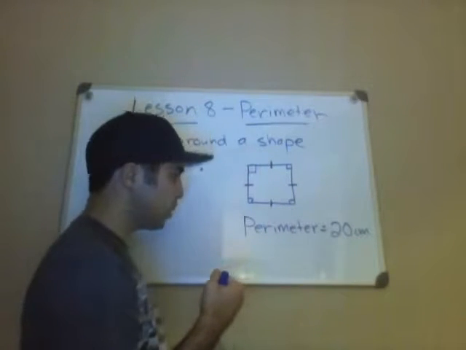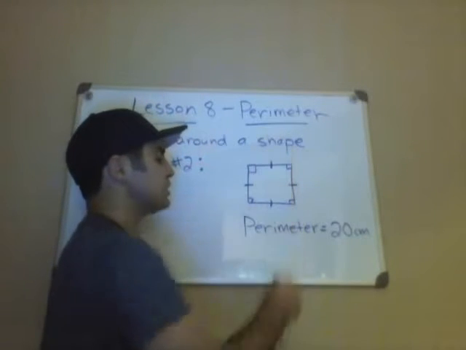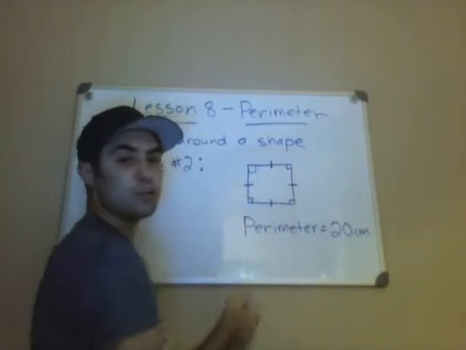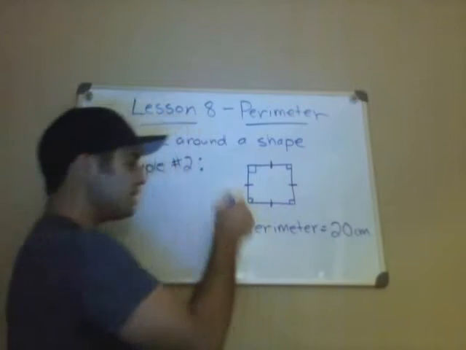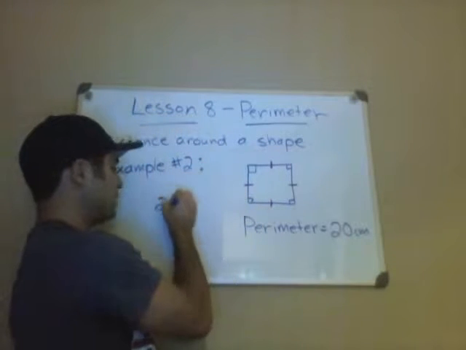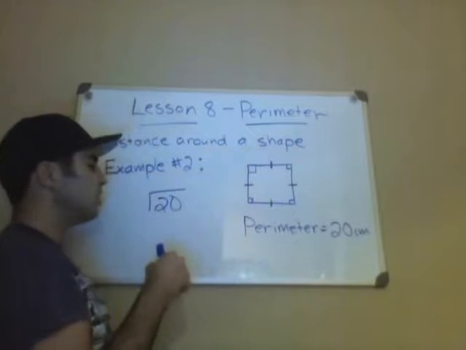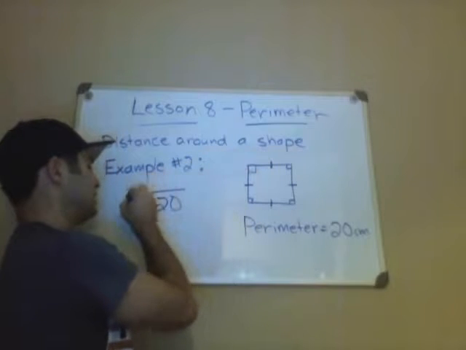In order to solve this, well, if this was 2, that would be 2 plus 2 plus 2 plus 2, which is 8. So we know it's not 2. The length of the sides aren't 2 centimeters. How do I figure this out? An easy way is to take 20 and divide it by the sides, since I know the sides are the same length. I'm going to divide it by 1, 2, 3, 4 sides.